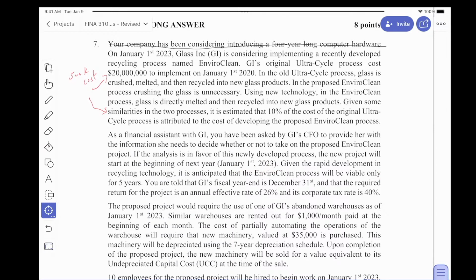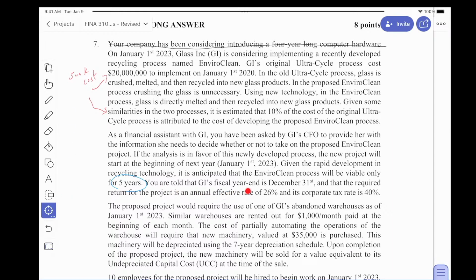Oh, this was like last year. I should have made it 24, right? So just imagine that this is a year ago. Given the rapid development in recycling technology, it is anticipated that the EnviroClean process will be viable only for 5 years. So this is the duration of the project.